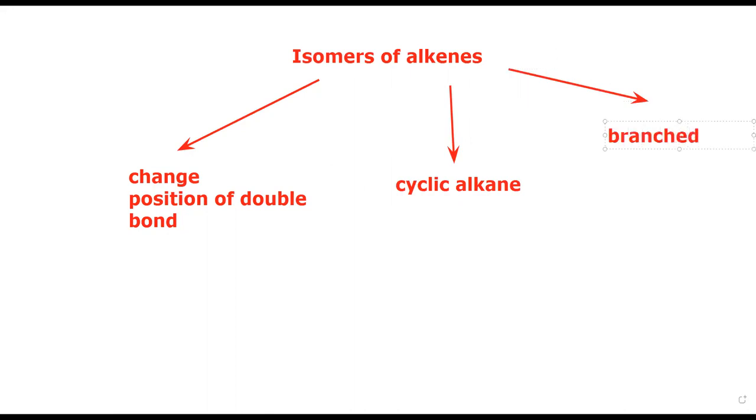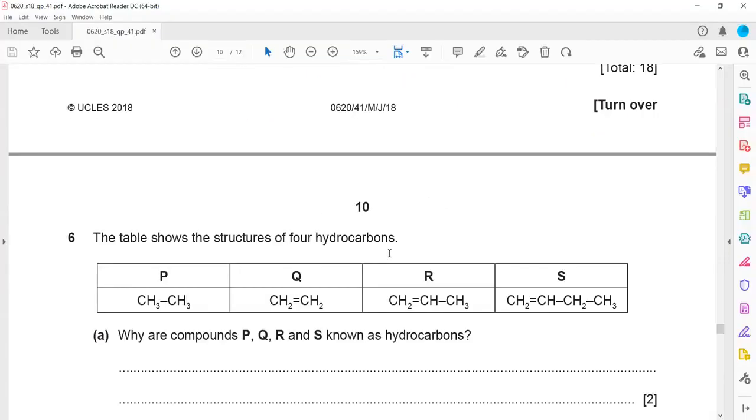But try to avoid making branches, especially for alkenes, because sometimes you have to name them. So it's better to first try to make different positions of the double bond and then make a cyclic one. So we have compound S, which is butene, and we want to draw an isomer of this compound.